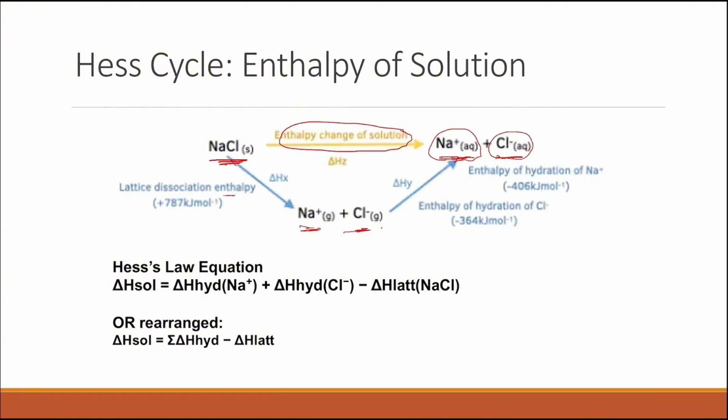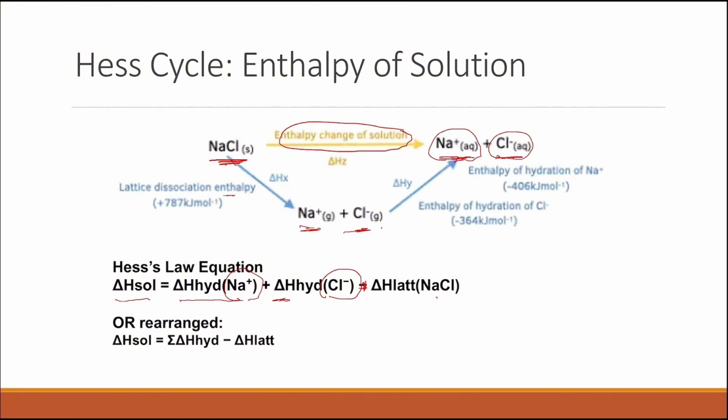Now, route 1 will equal route 2, meaning the enthalpy of solution will equal the enthalpy of hydration of the sodium ion plus the enthalpy of hydration of the chloride ion plus the enthalpy of dissociation of the sodium chloride.